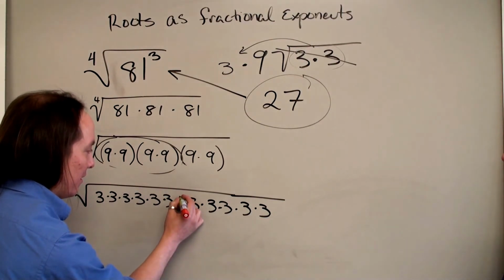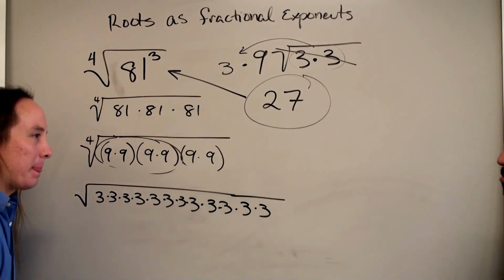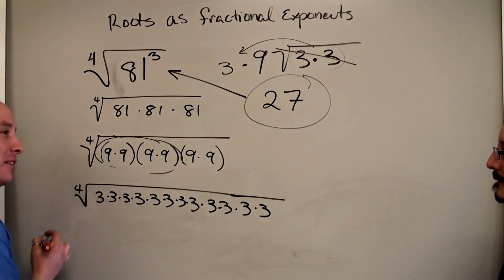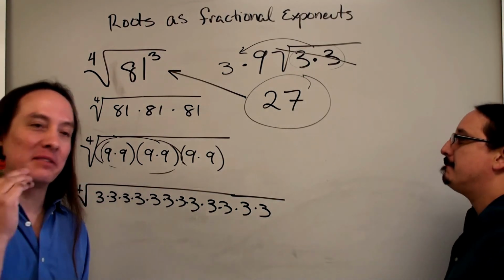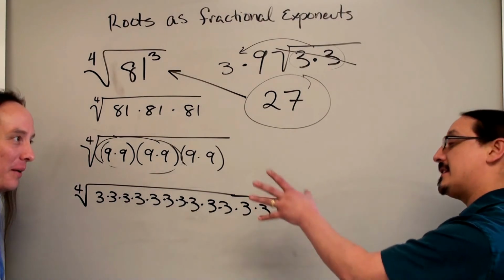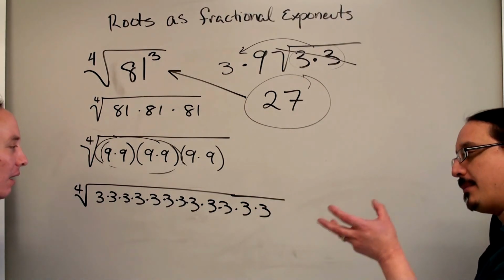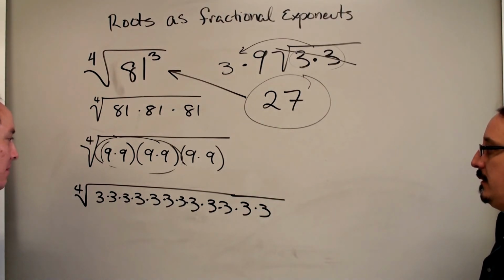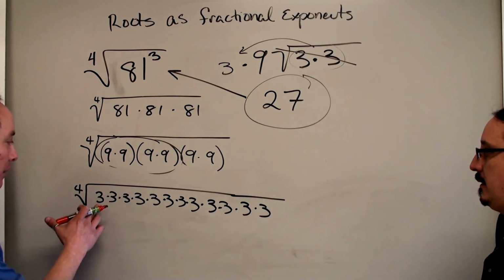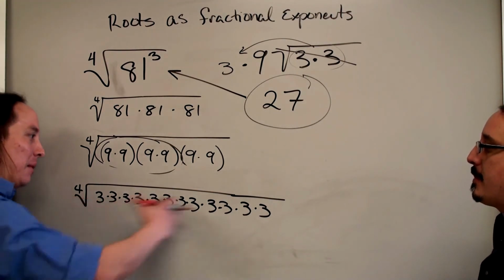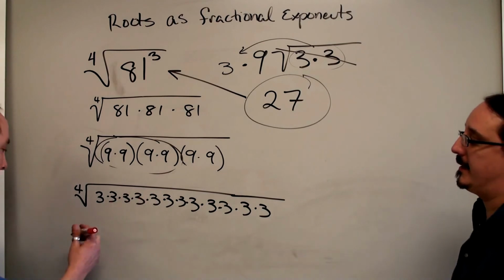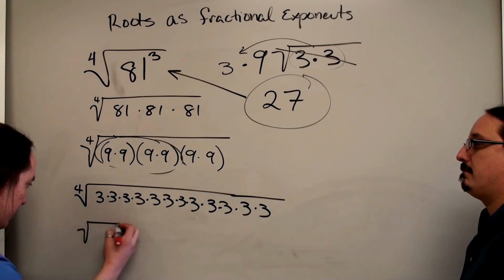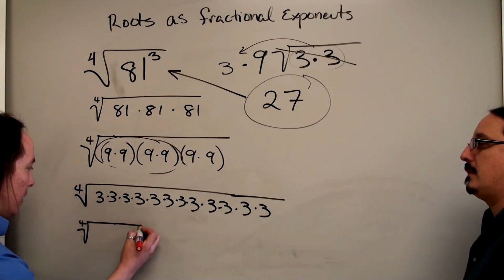Okay, and then let's remember we're on the fourth root. Now we can write this in fraction form. Let's see what happens in fraction form. I would write the base with how many of them there are as an exponent. I get my little fourth root.